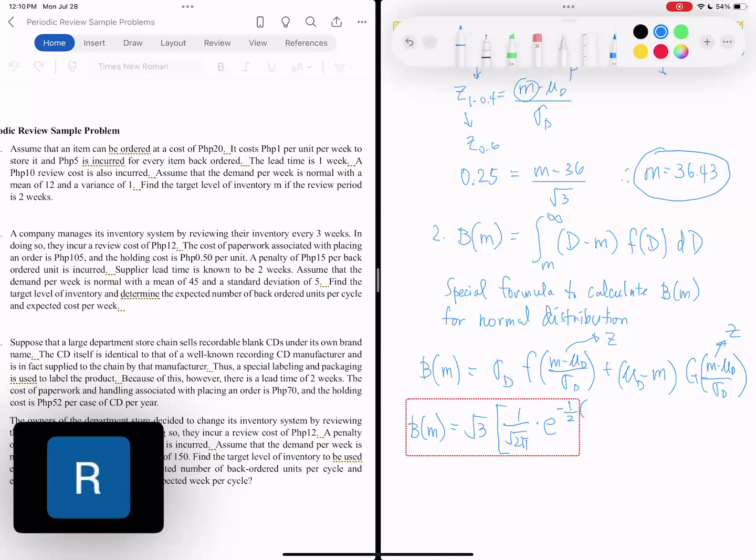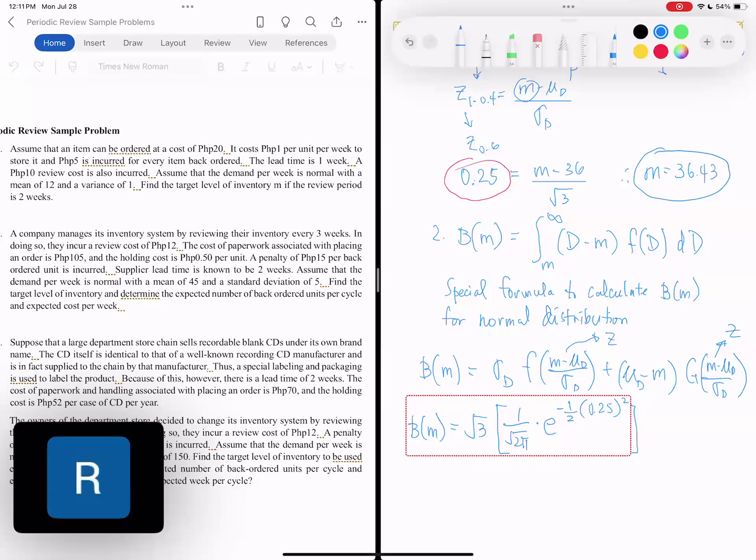The z value will be this one, your z value, 0.25. So you put the z value here, 0.25 squared, e raised to negative 1/2 times the z value squared. That does it for your f.